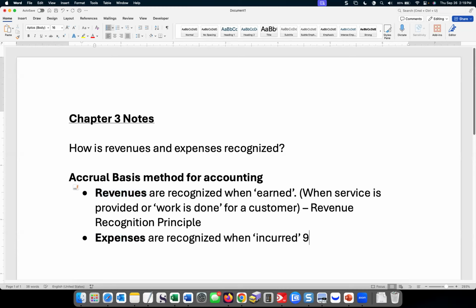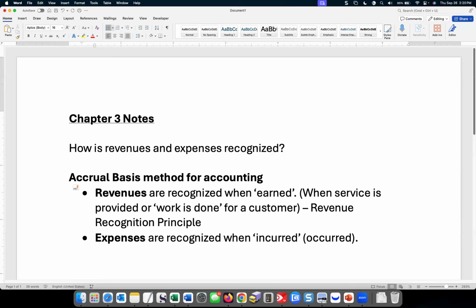I can think of that word as occurred. So when you use a service of another company, or you get billed for utilities or your telephone or whatever, you've used those services, you've incurred those expenses.